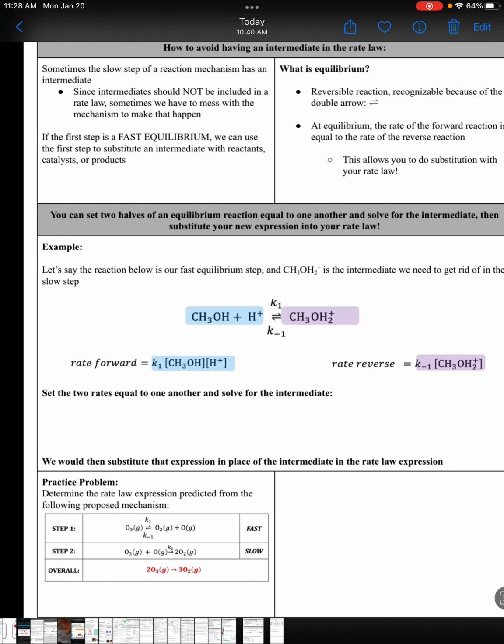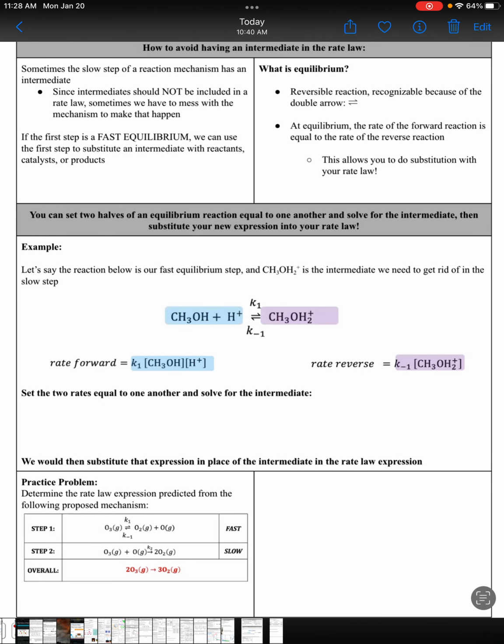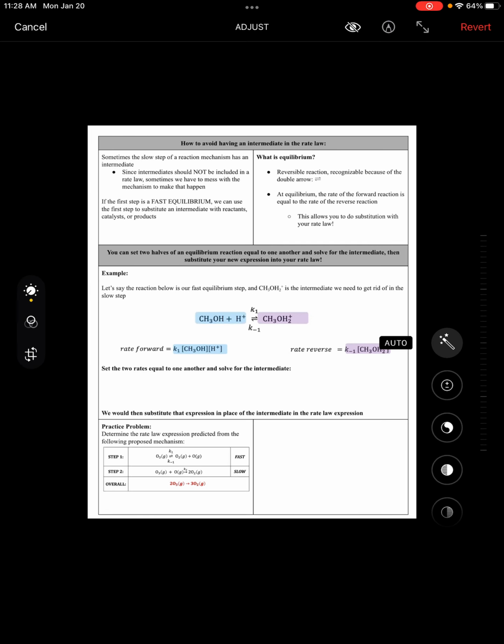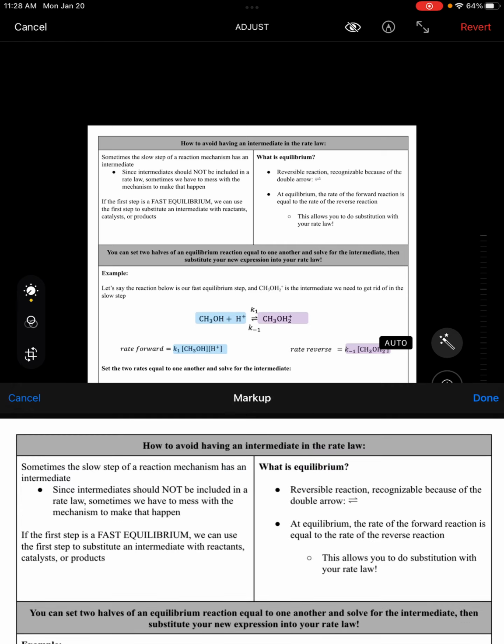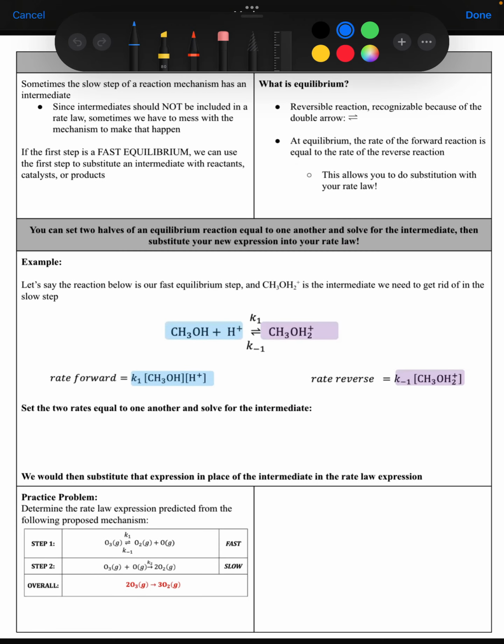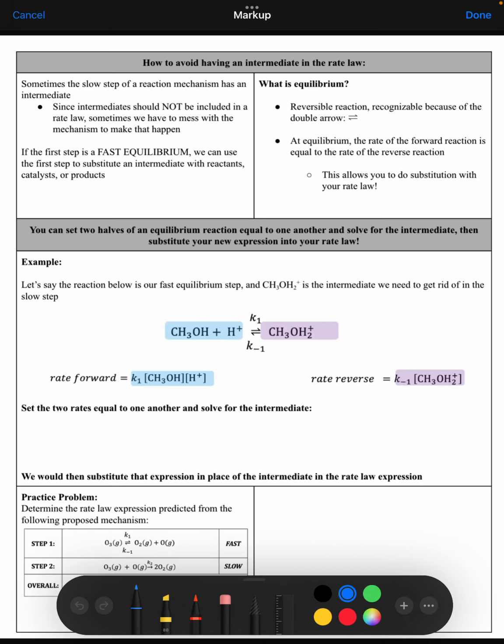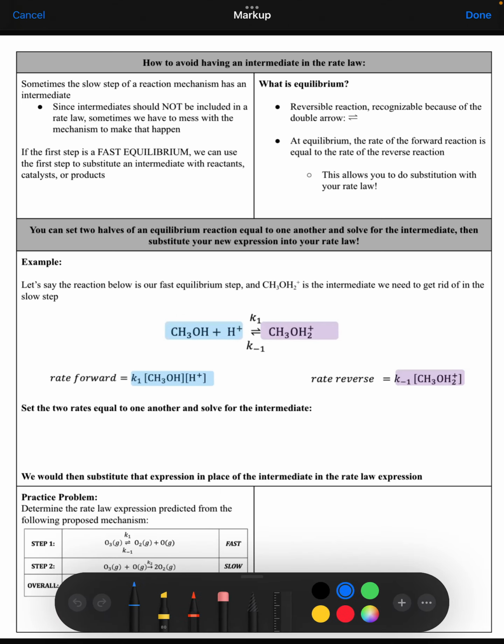Moving on to our multi-step reaction mechanisms again, I had said previously that we were going to look at what happens when you have to get rid of an intermediate that happens to be in our slow step. So let's just briefly remind ourselves, what do we know about reaction mechanisms so far?